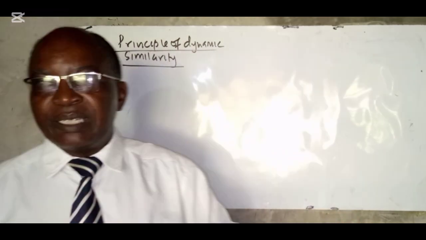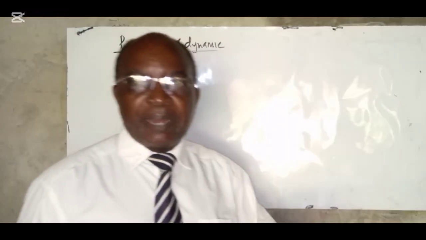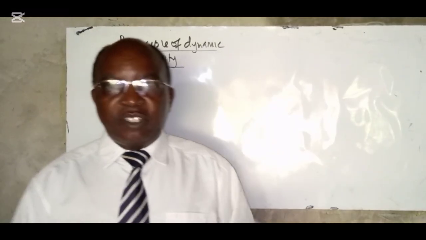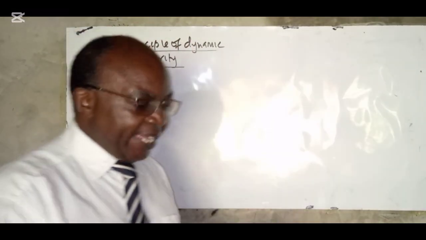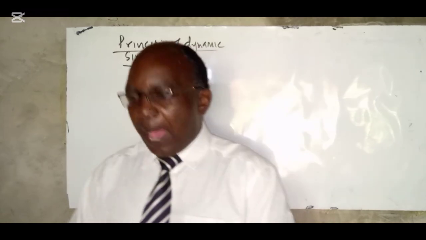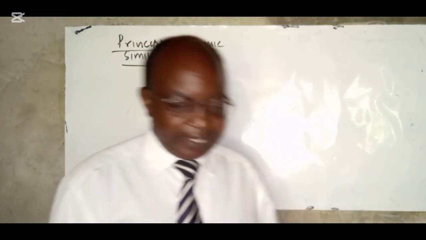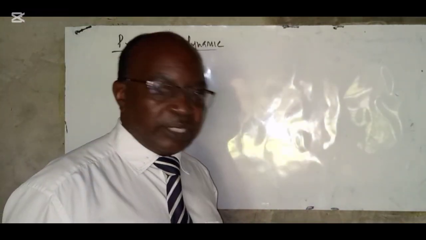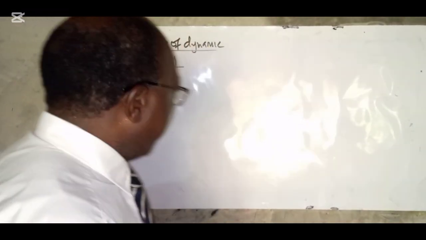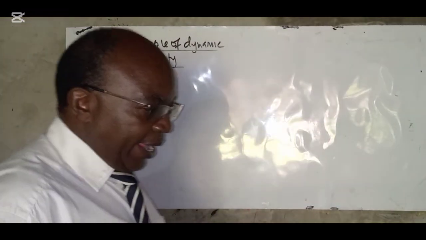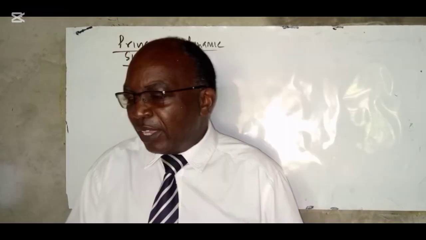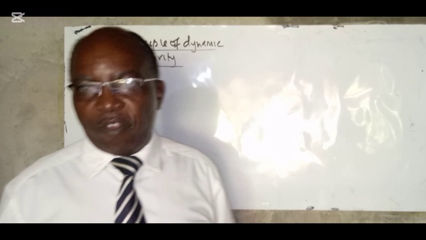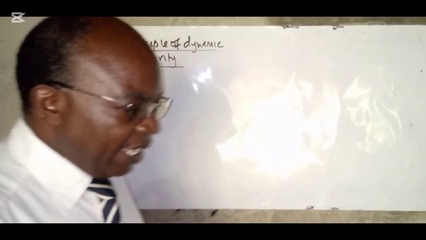So the principle of dynamic similarity is a very important concept, and we want to look at how we can apply it to forced convection in heat transfer. Remember, in our earlier lectures, and I continue encouraging you, humbly requesting you to look at our lectures systematically, we talked of two types of convection. There's the forced and there's natural convection. Now, in terms of heat transfer, one of the quantities which is normally easily measurable is the heat transfer coefficient, and a lot of things are built around it.